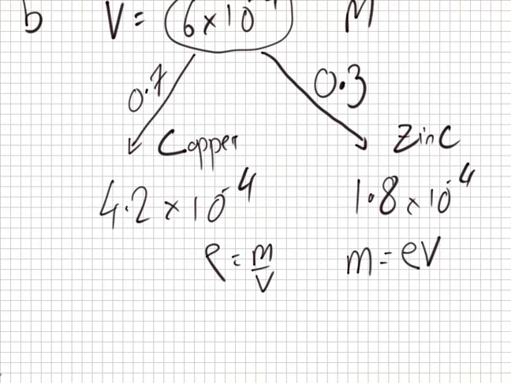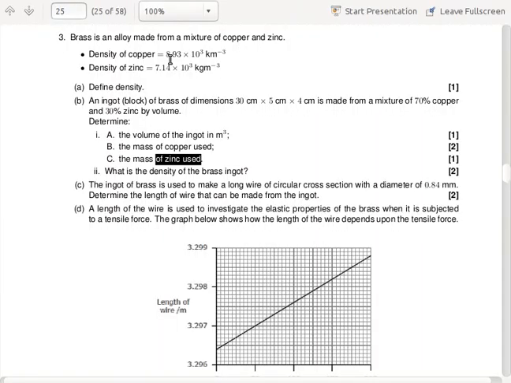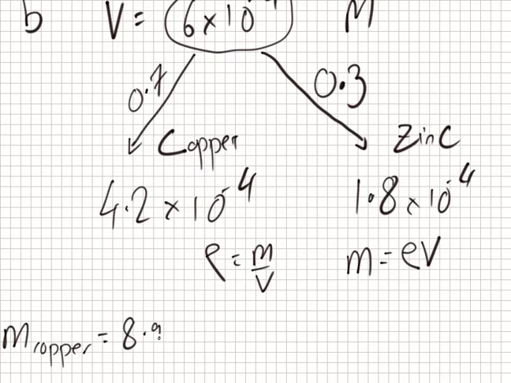So the mass of the copper will equal the density of copper, which is given as 8.93 times 10 to the 3, times 4.2 times 10 to the -4. That's the mass of copper. 3.7506.